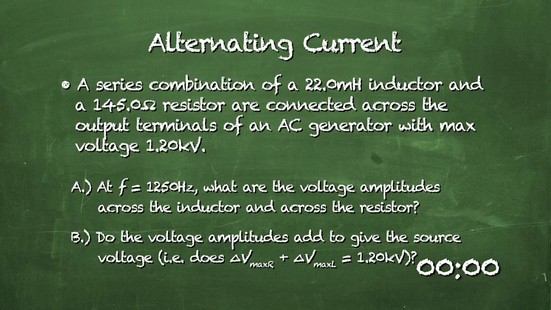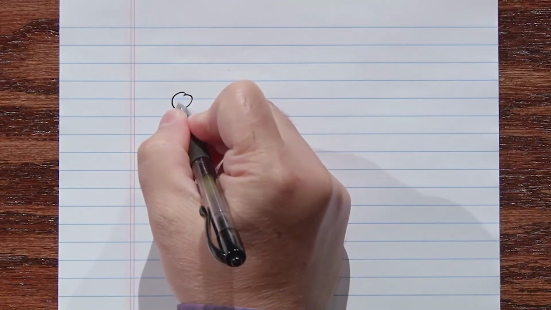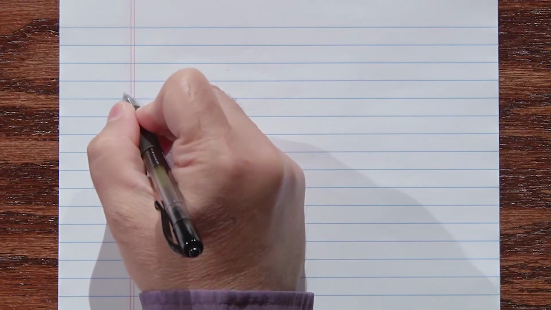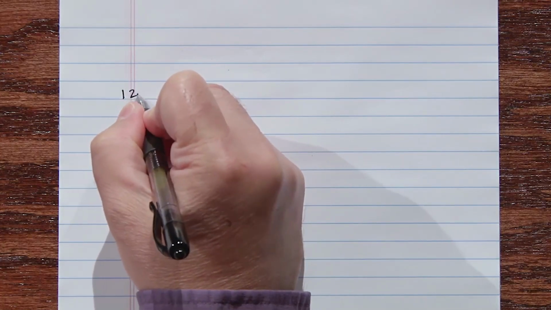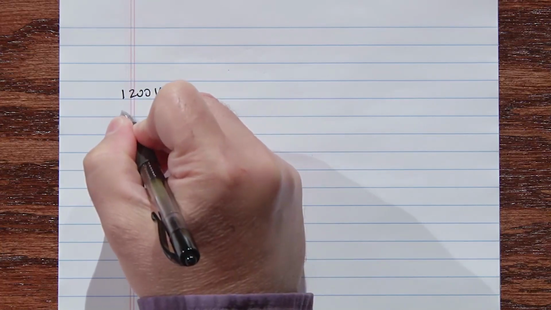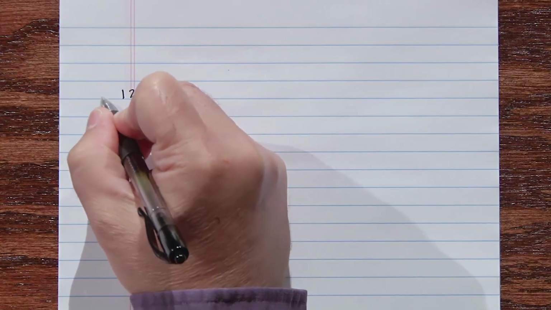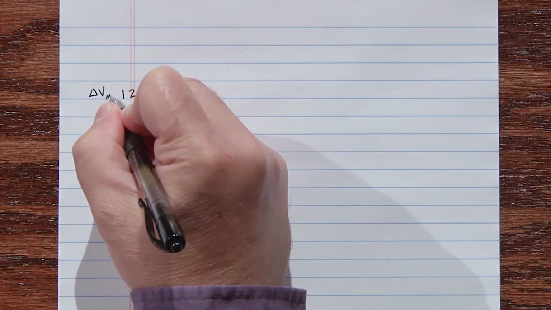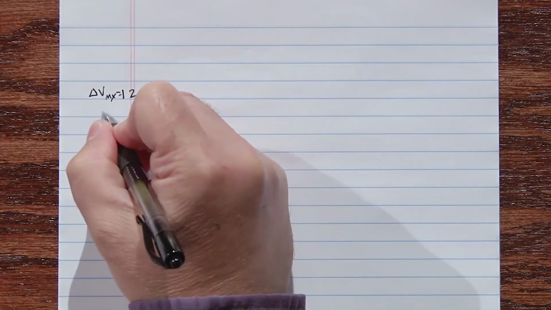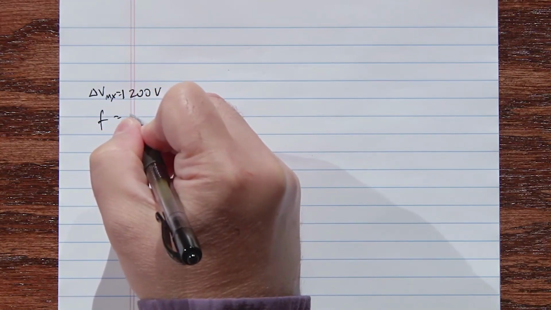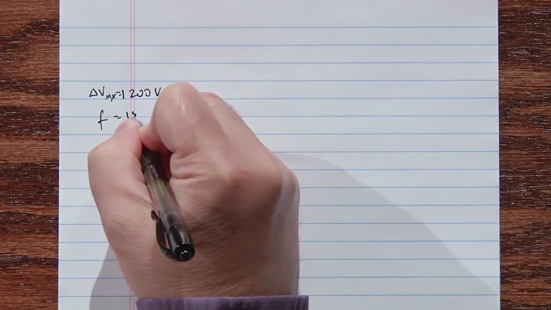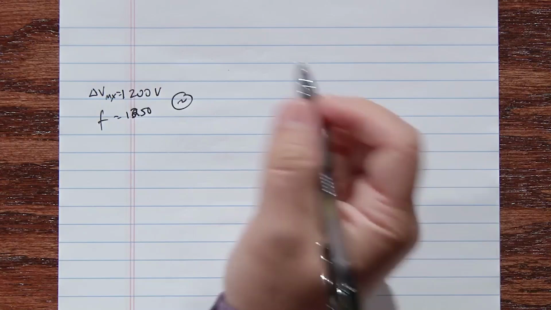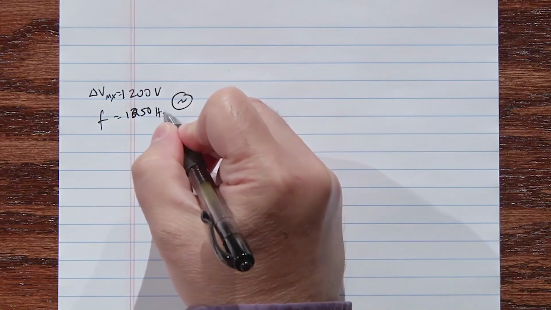Let's draw our diagram. Here's our alternating voltage source, and we were told that it's 1.2 kilovolts, so that would be 1,200 volts. That would be delta V max. And the frequency was 1,250 hertz.